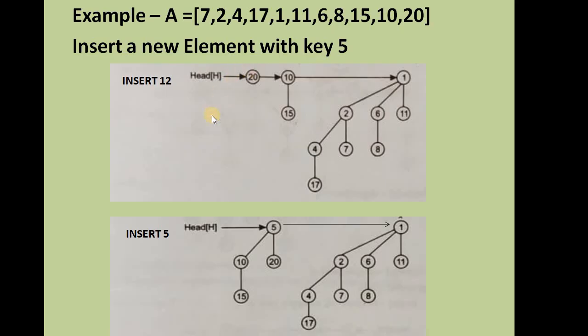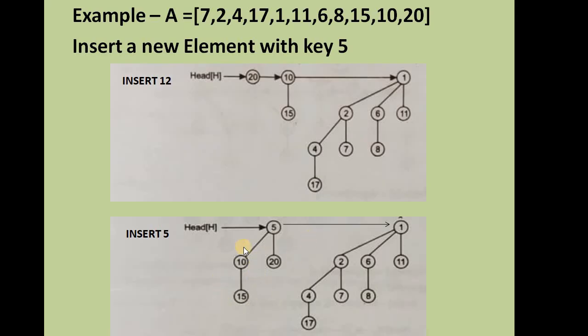So 5 and 20 will be a tree with degree 1, and here 10 and 15 with degree 1. Again, property violation. We need to check the key values of the root nodes 5 and 10. 5 is smaller and 10 is larger. So this tree will become the left child of this 5 root node.